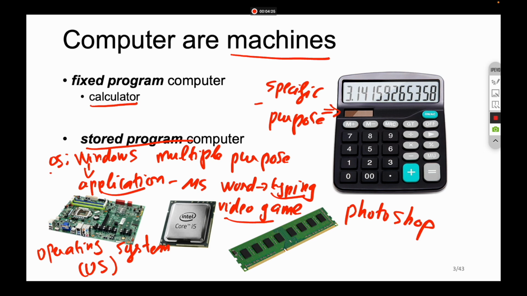At the beginning, this computer isn't designed for any specific purpose, so we call it multiple purpose or general purpose. It's totally different from the fixed program computer, because we don't have an OS in that computer and you cannot install your own application. So we call that one fixed program.